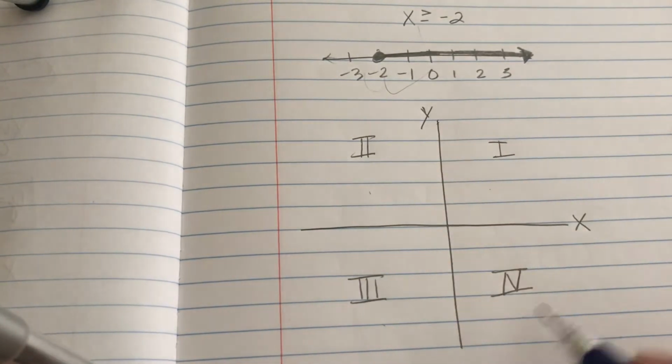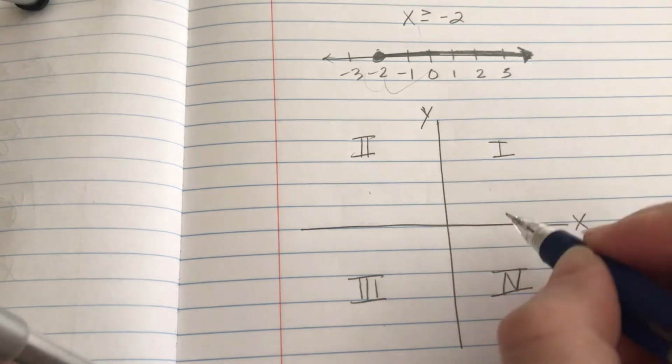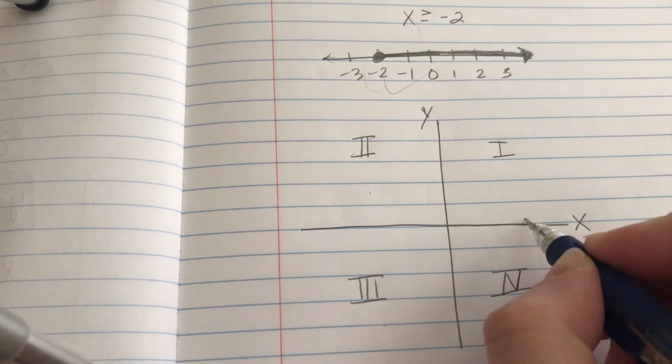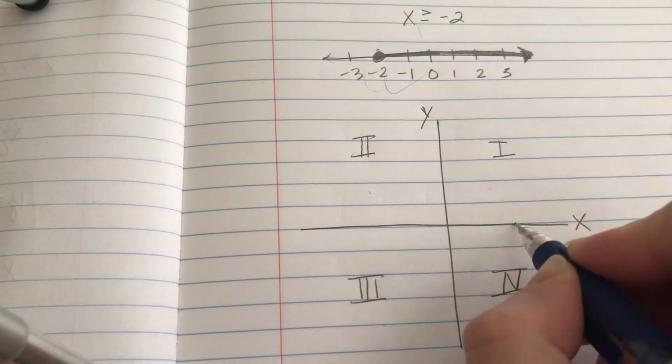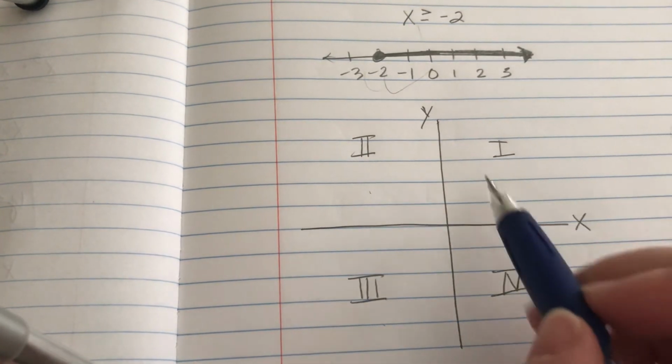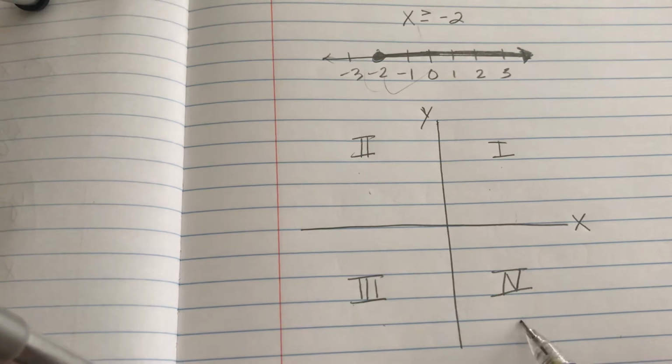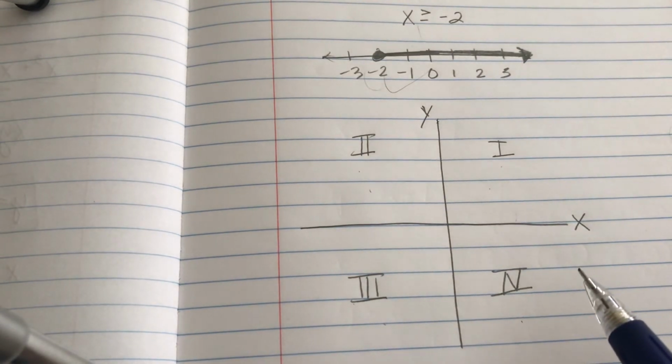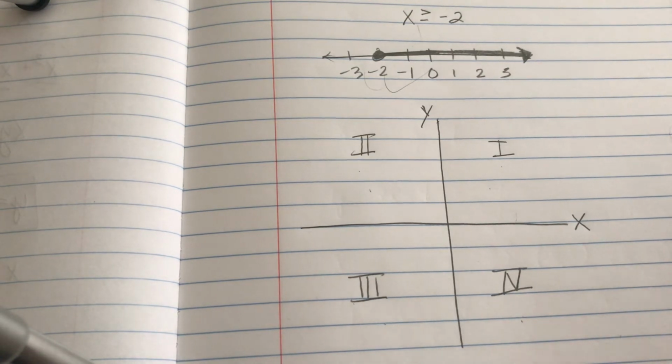That's just the order they decided to go in. They're going counterclockwise, often because when you graph an angle or something, you always kind of move your angle counterclockwise. So this is the first, second, third, and fourth quadrants. So when we graph ordered pairs of numbers, they list the x first because that's the first one they want us to look at and the first one they want us to graph.